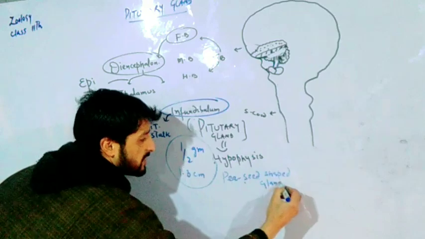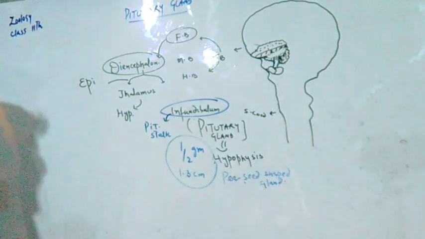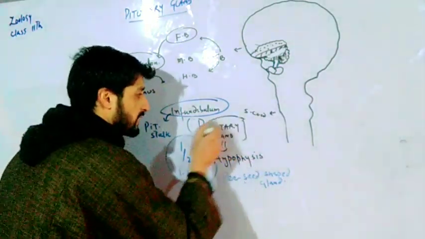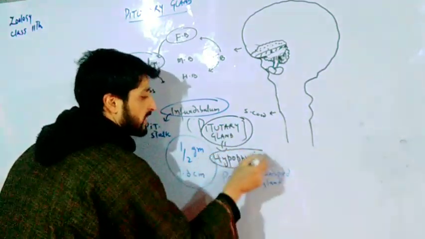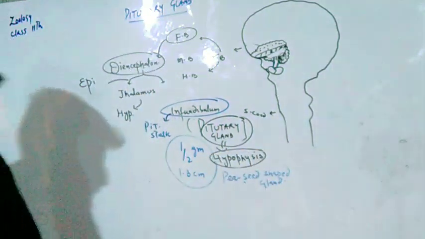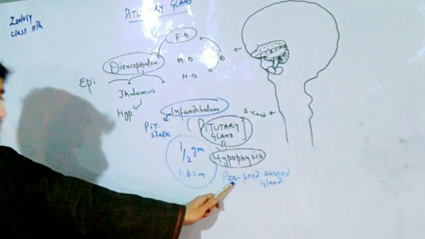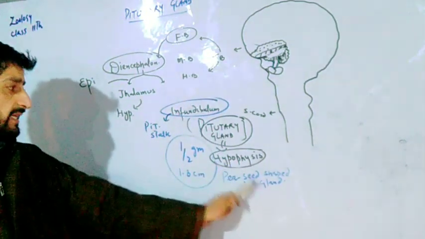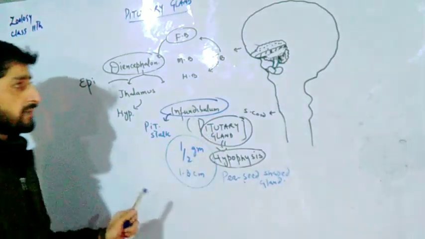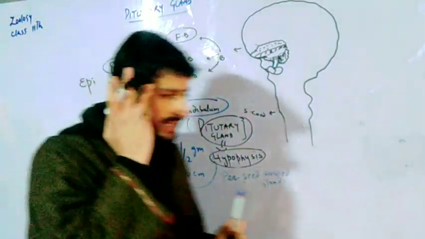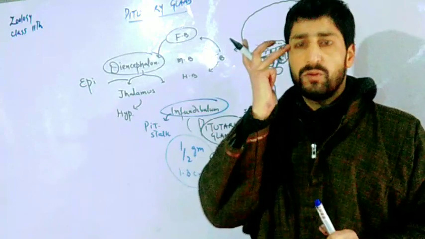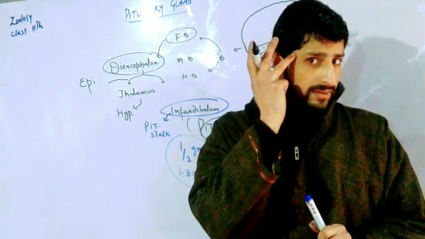This pea-seed shaped gland is actually known as your pituitary gland or hypophysis. It is located in one of the special bones here at this area.